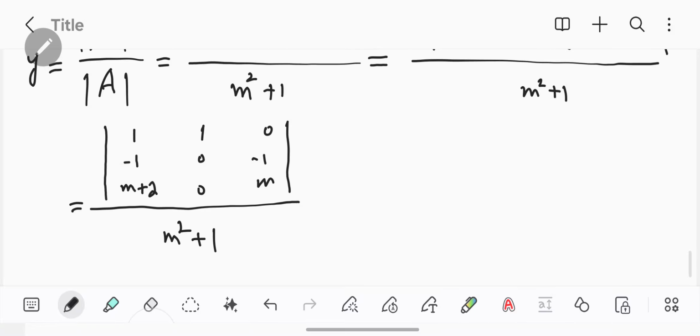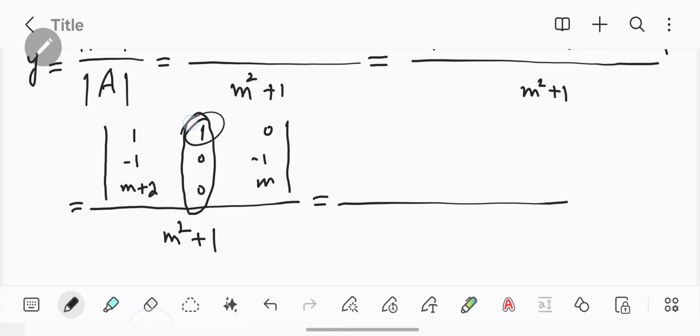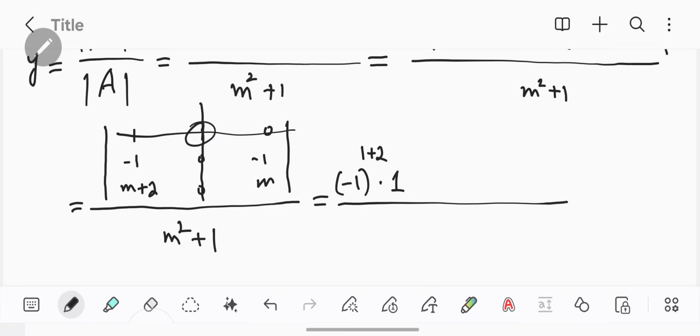Just like previously, I have told you that the determinant can be expanded by any row or by any column. So I can expand this determinant by this column. If I expand this determinant by this column, first of all, I will write this element times its cofactor. This element is in the first row and second column, so I will write minus 1 to the power 1 plus 2 times this element, which is 1, times the submatrix obtained by deleting this column and this row.